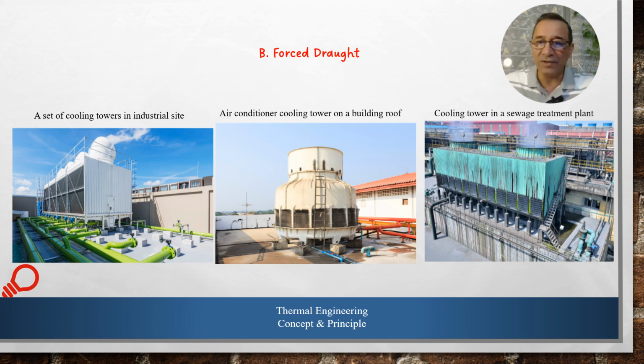There are many categories of implementation in the industry. For example, the first one represents a cooling tower which is used in a chemical site. The second one shows the air conditioning process that needs this type of cooling tower, and this one is used in conjunction with the air cooling system of a building.